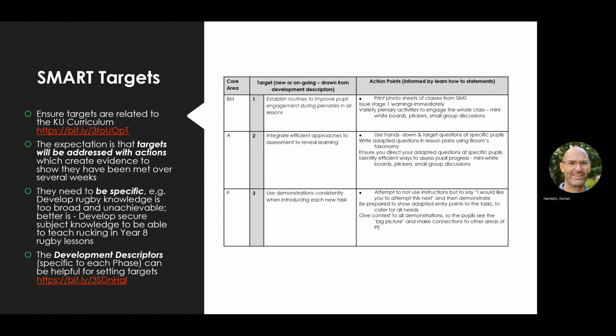If it is subject knowledge you want them to develop, be really specific about what aspect they should be focusing on, because you can't expect them to cover everything from the curriculum in one, two or three weeks. Again, there's a link to the development descriptors, which are really helpful as a mentor to provide guidance on target setting.